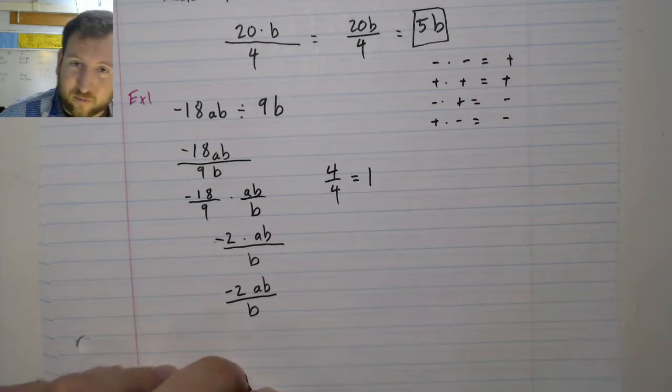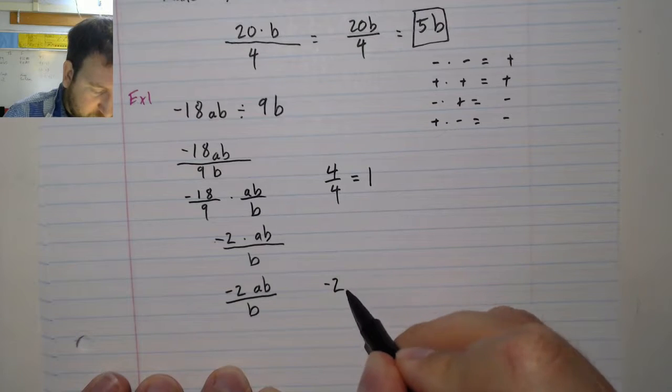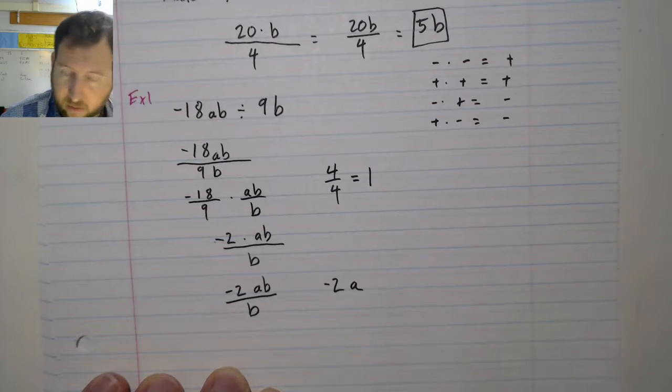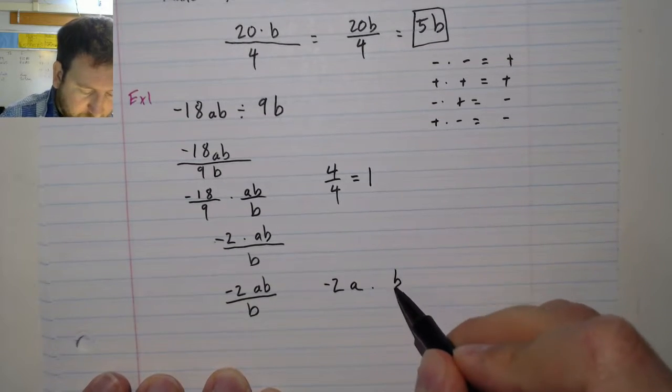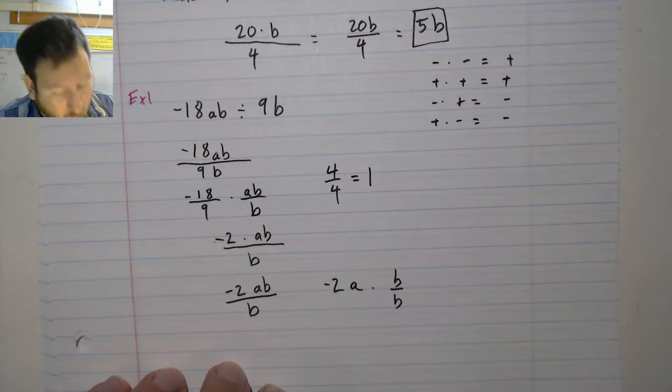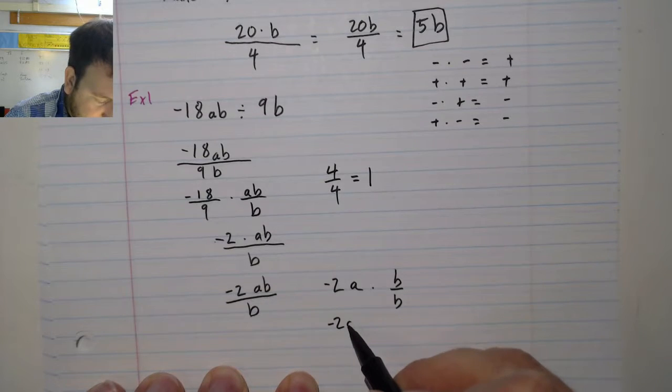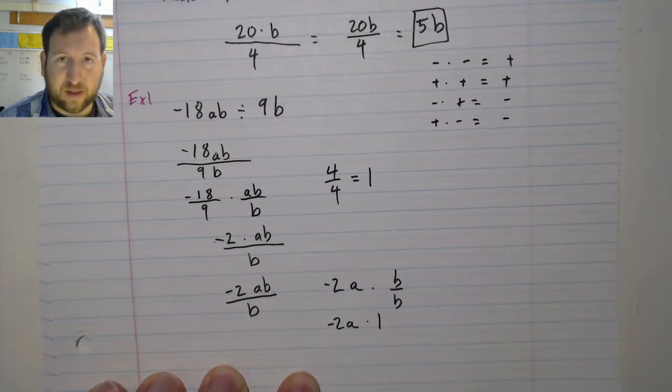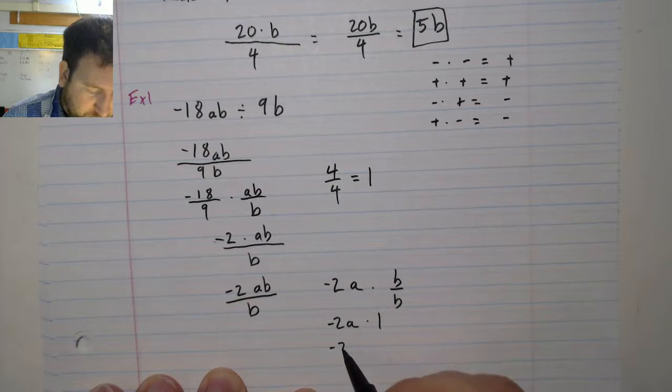So this I can rewrite as negative 2a times b over b. b over b is 1. Negative 2a times 1 is negative 2a.